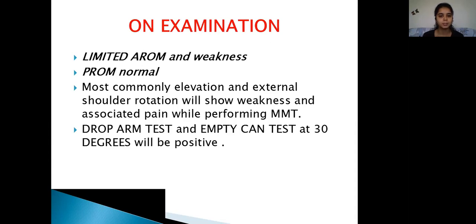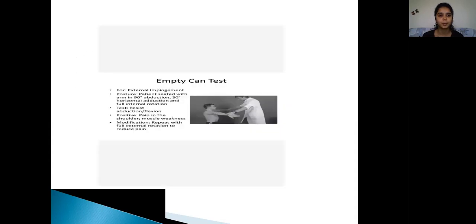The drop arm test and the empty can test at 30 degrees will be positive. Empty can test: you tell the patient to abduct in the scapular plane, followed by internal rotation, and ask the patient to resist the downward force. If there is pain or weakness, the test will be positive.